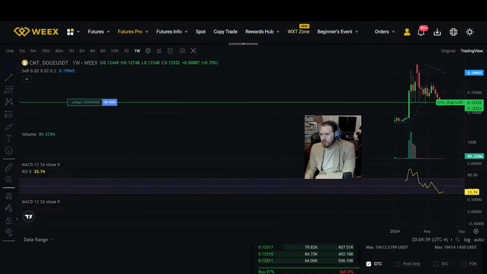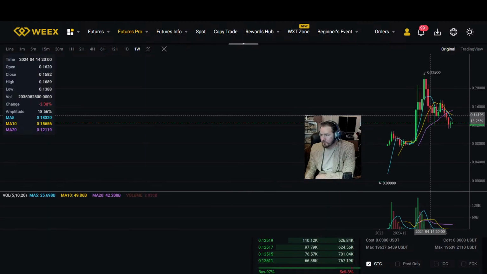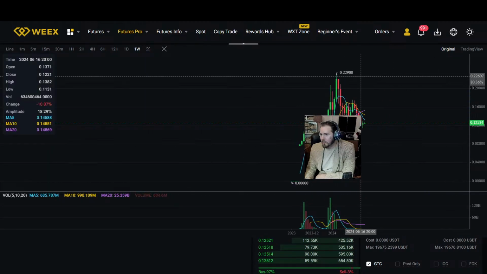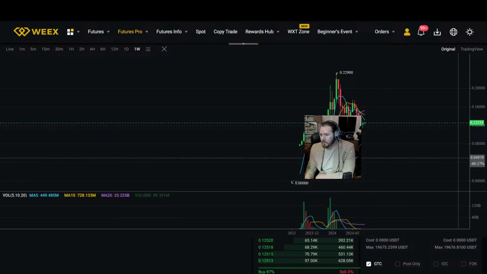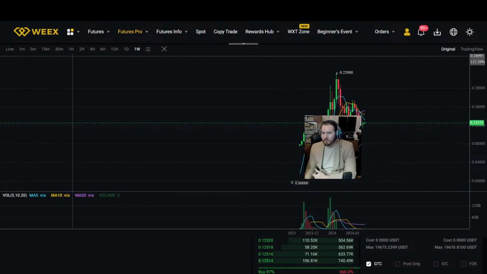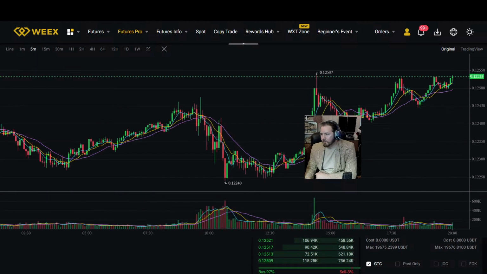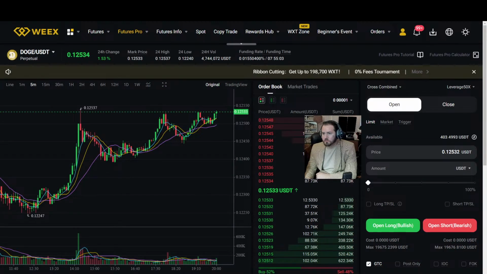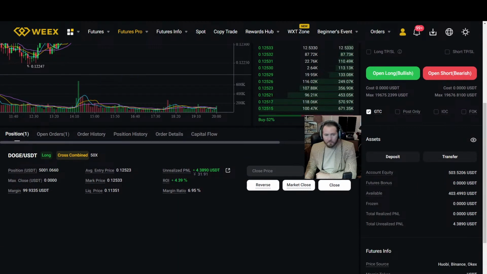So this is a TradingView chart. Let me look at the original. Yeah, it shows that local top over here. It's not bad. Let's put it back on the 5 minutes though, because we are breaking up higher highs. I'm up $4 profit on this trade so far. I'm earning some money.